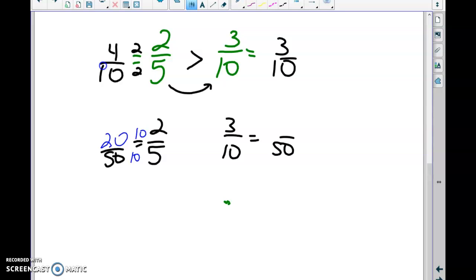Good job. 10 times what is 50? 5. And 3 times 5 is 15. So we've got 20/50 and 15/50, still greater than. So you get the same answer here or here, no matter what your common denominator is. With your common denominator, if all else fails, multiply the two together. Okay, questions so far?